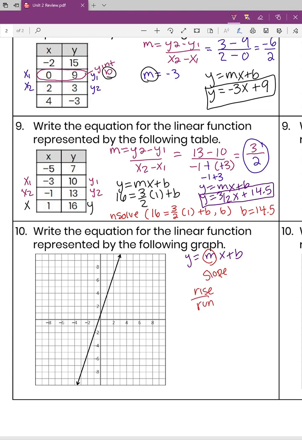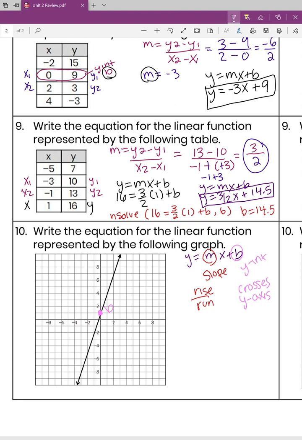And b is our y-intercept, which we find at where it crosses the y-axis. Okay. So our y-intercept is right here at positive 1. It's where it crosses the y-axis. So that's our b value.